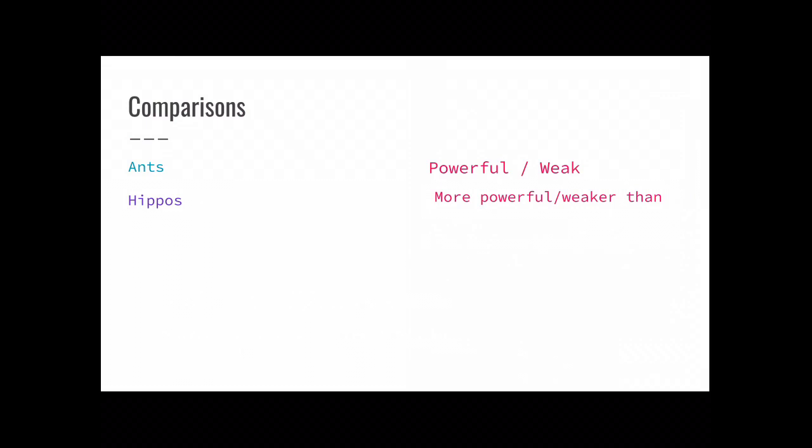And both of these, you use the word than. So if we're comparing hippos to ants, what would we say? We could say hippos are more powerful than ants. Now if we want to say ants, we could say ants are weaker than hippos.